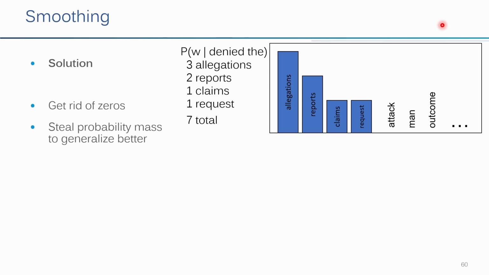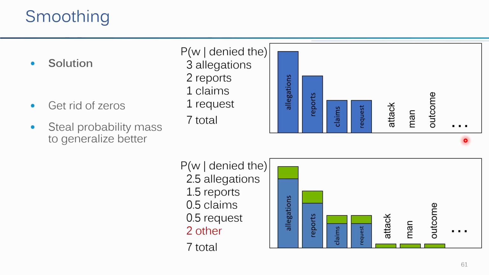So imagine that we have a probability of these words happening right here, given this context, and we want to make sure that we don't have a bunch of zeros that will completely screw up our language model. So what we do is take from these words here, allegations, reports, claims, requests, and then we take this count and distribute it among all the others that we originally did not have any probability assigned.